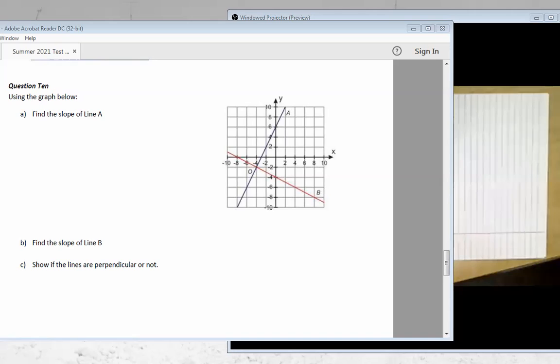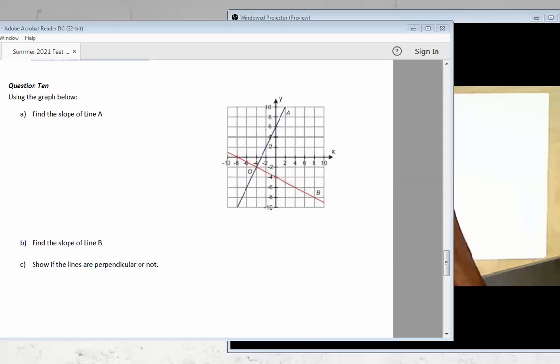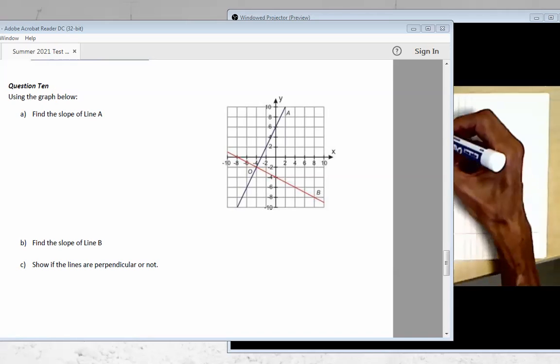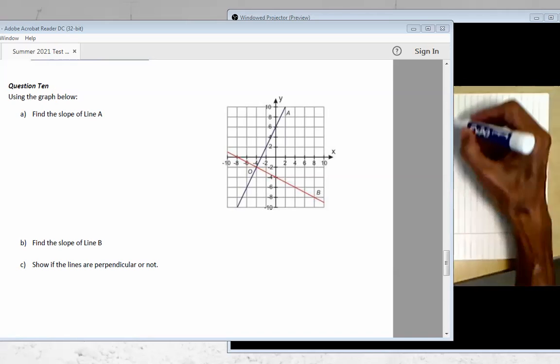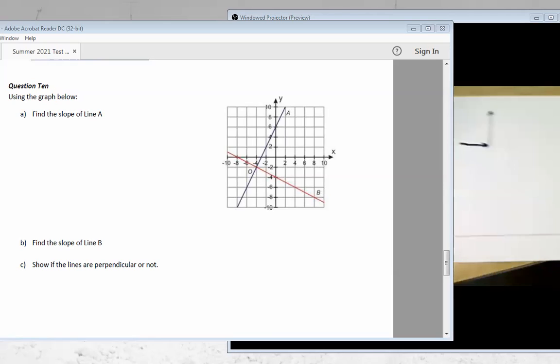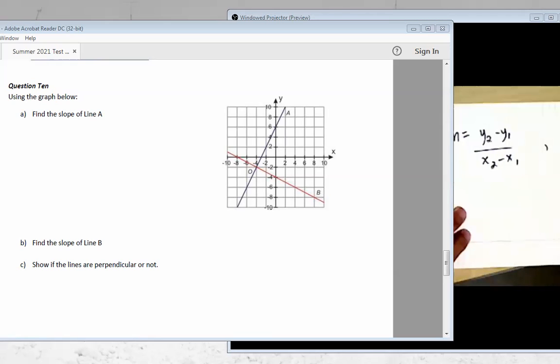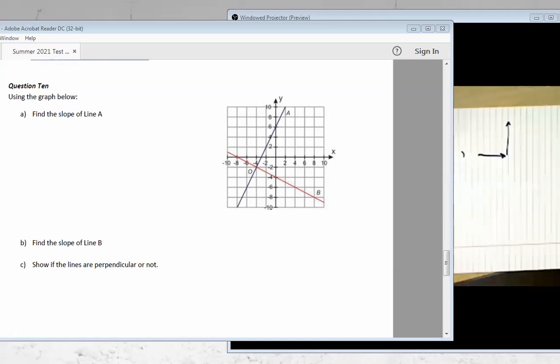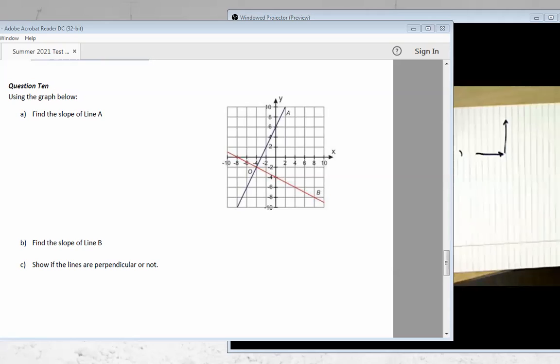And the other way is to find a point and keep track of how far you go to the right and how far you go up. Slope formula, or choose a point and then you see how far you go to the right and how far you go up. And that can get you the slope as well.